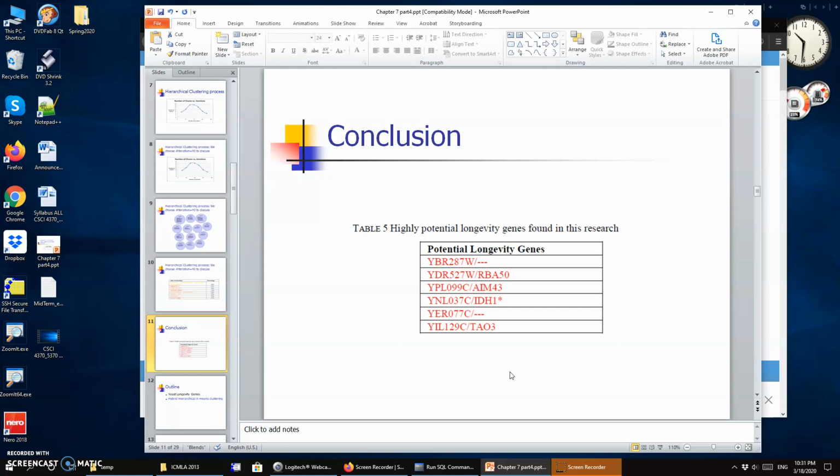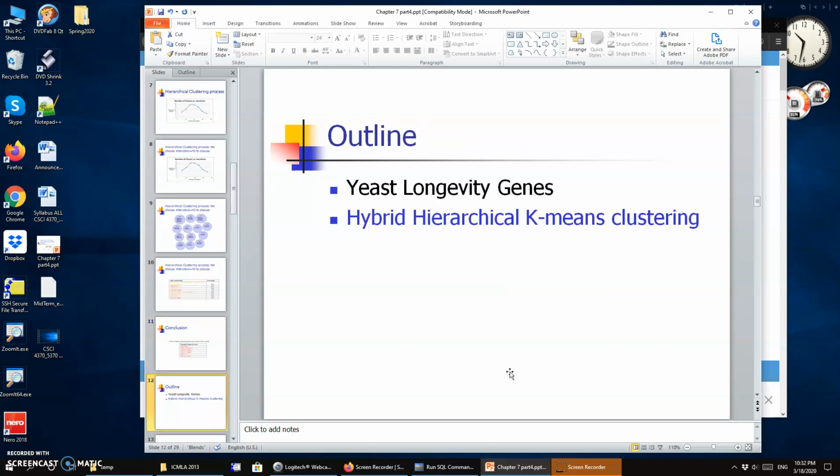Therefore, I do think that we have achieved something very interesting, and can help biologists to carry out their experiments. So that is about the research related to hierarchical clustering.